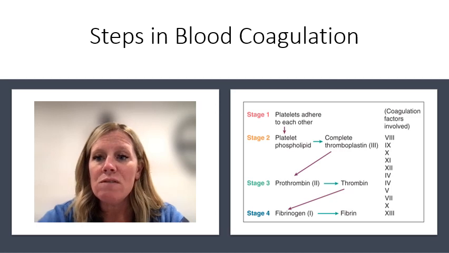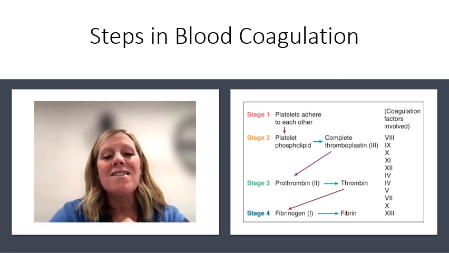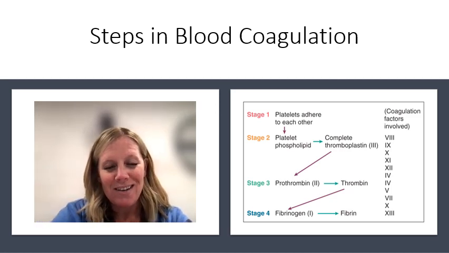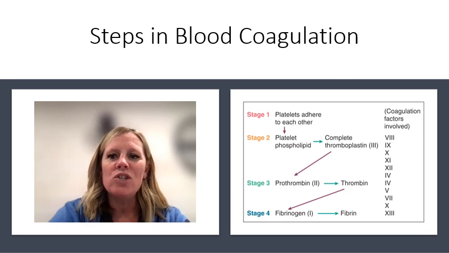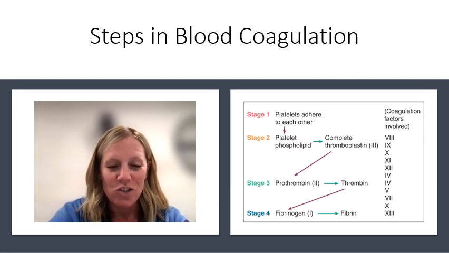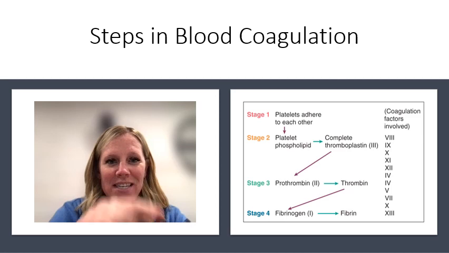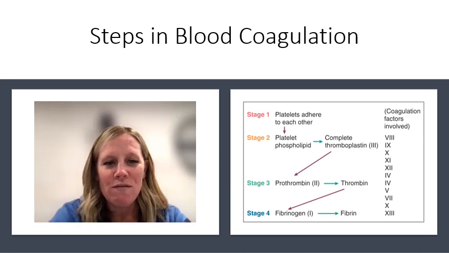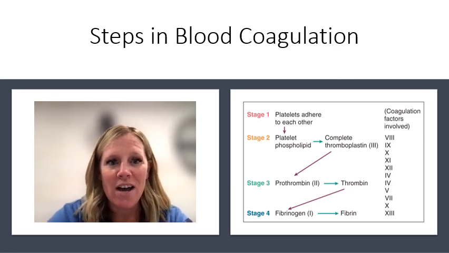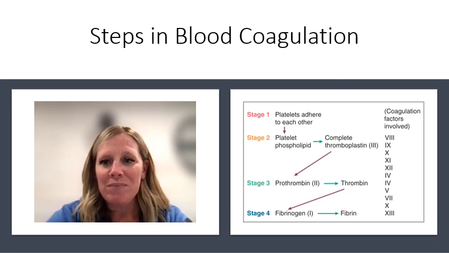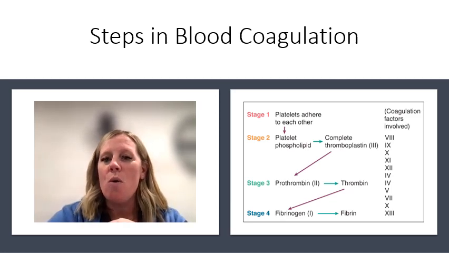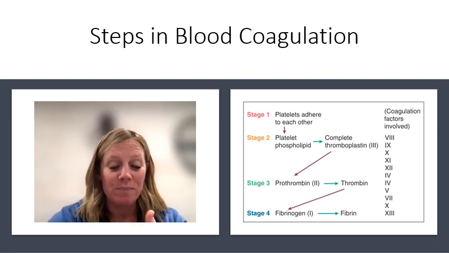The coagulation factors involved are not in order of action, but rather the order in which the factors were discovered, which is kind of interesting. See how we've got coagulation factor 8, and then we've got 9, 10, 11. They're not in order of action, but rather the order in which they were discovered.